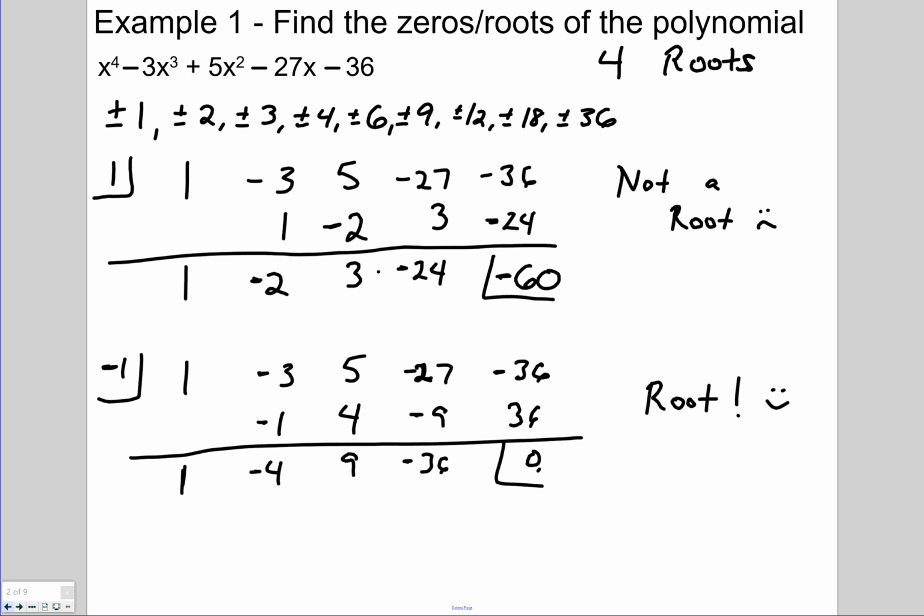Now, to write the rest of it, I need these coefficients. If we started with x to the 4th power, this is going to start with 1x cubed.